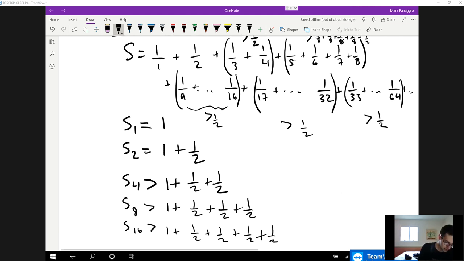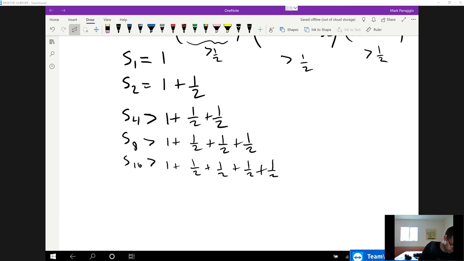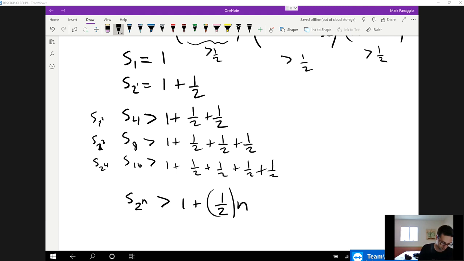And so what we can say is, let's see, this was 2 to the 1. 4 is 2 to the 2. 8 is 2 to the 3. 16 is 2 to the 4. And it looks like that S sub 2 to the n is greater than 1 plus 1/2 times n.